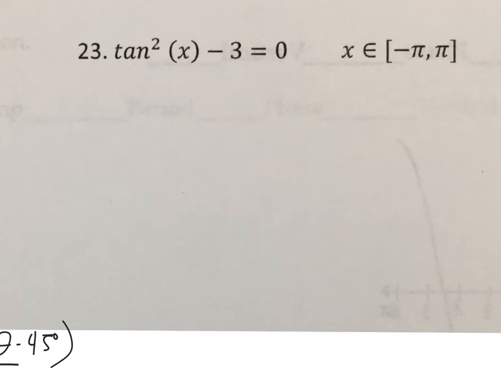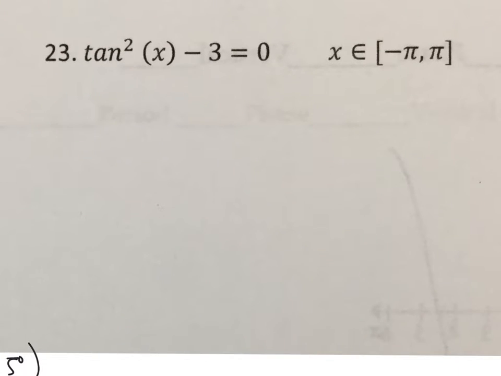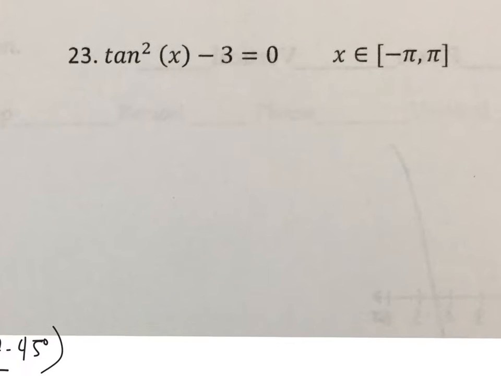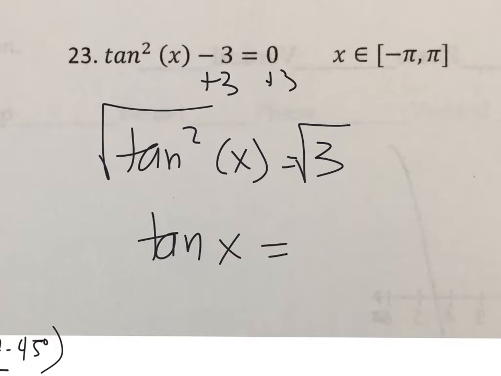Okay, now this other one says tan squared minus 3, and we want to solve it on this interval from negative pi to pi. So let's first solve this, and then we'll talk about everything else. So we'll add 3 to both sides. We have tan squared of x equals 3, and square rooting to get rid of the square means tan x is positive and negative root 3.